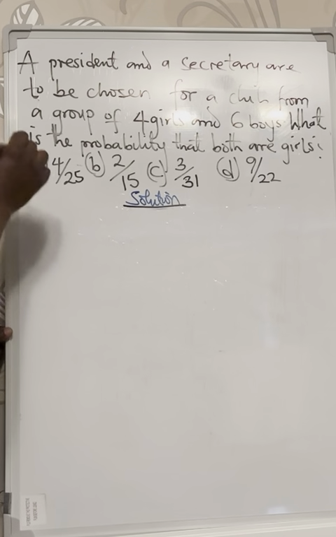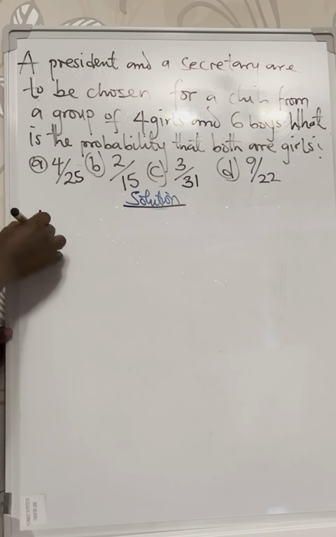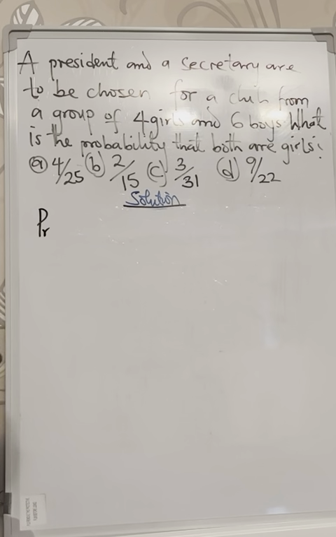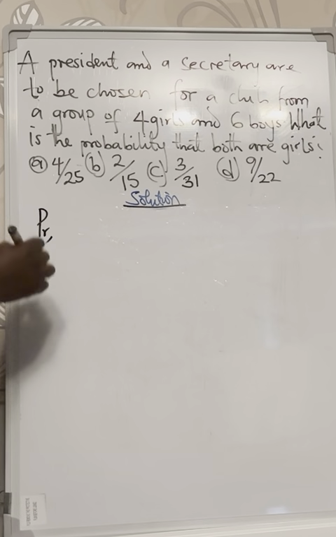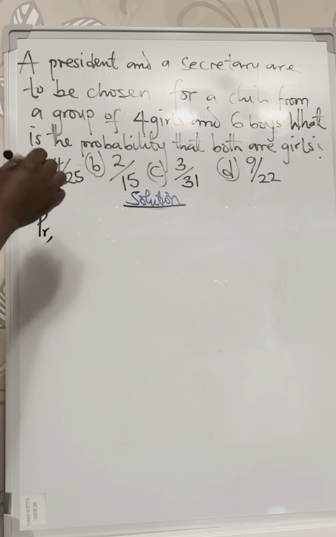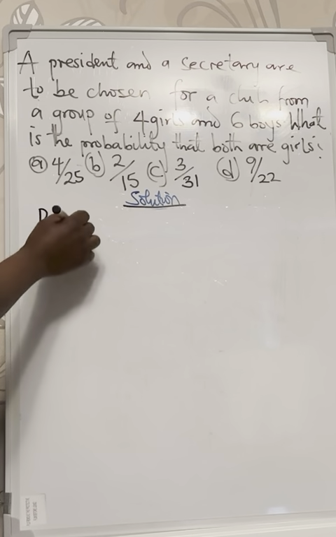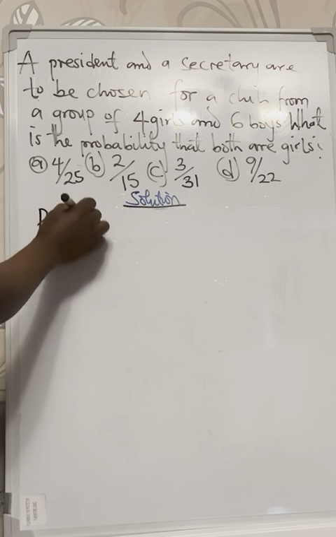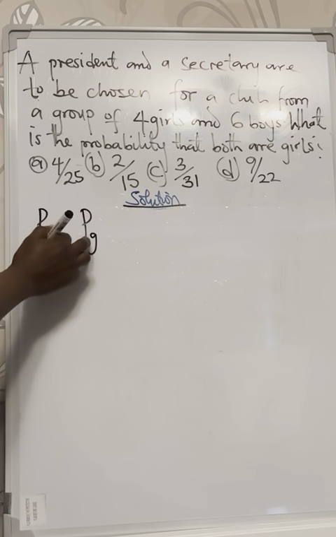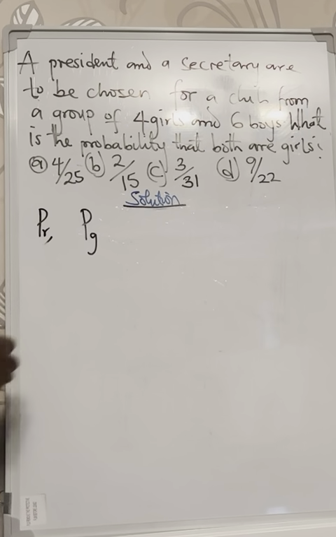Let the probability be PR. That represents probability. Let the probability that a girl is a president be PG. This is a girl as president.